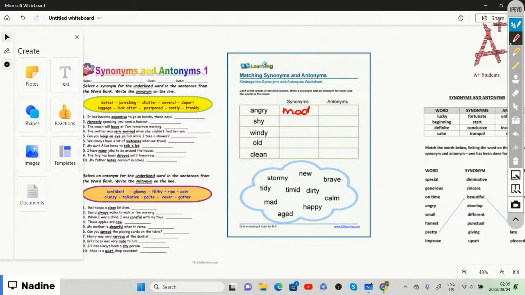We choose mad. We can scratch out mad. Before we go there, what is the opposite of angry? If somebody is angry, the opposite of angry is happy.